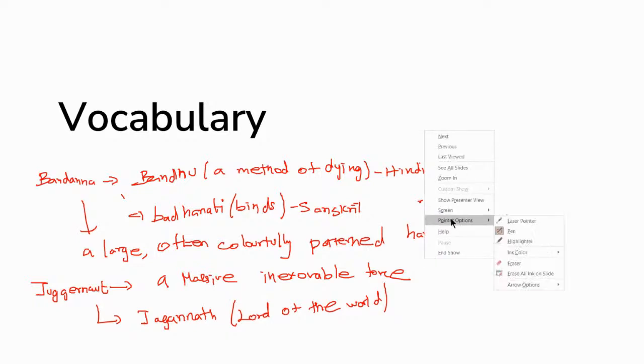Similarly, English has not only lent words to other languages, it has also borrowed from all the other foreign languages. For example, most of you will be knowing this word malaria. So malaria is nothing but mal and aria. So what is this mal? Mal means bad and aria means air, which is an Italian word.